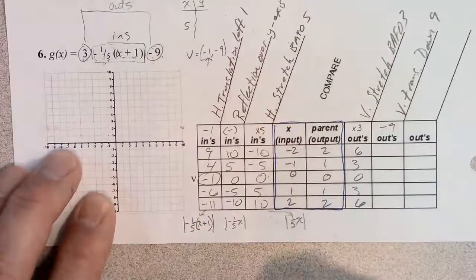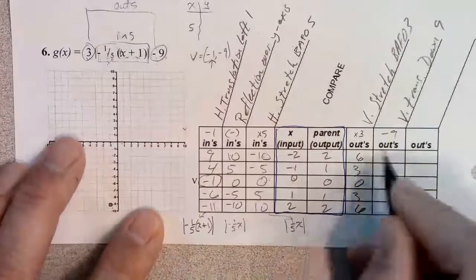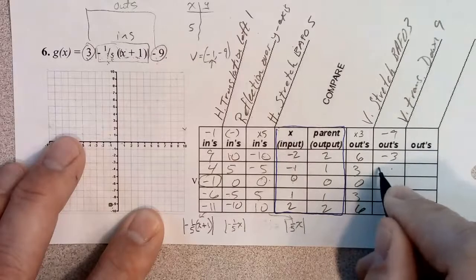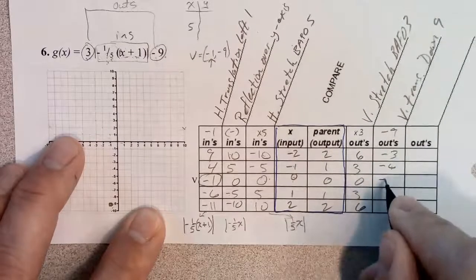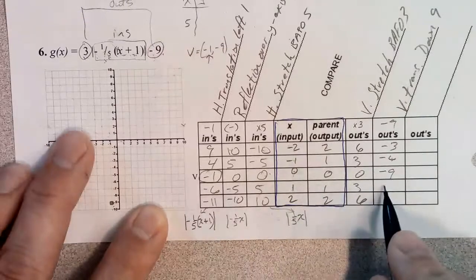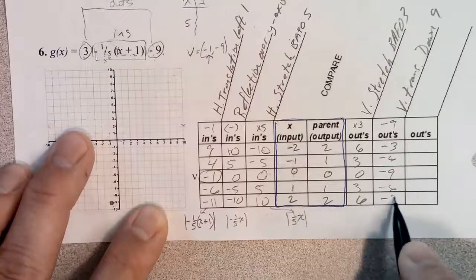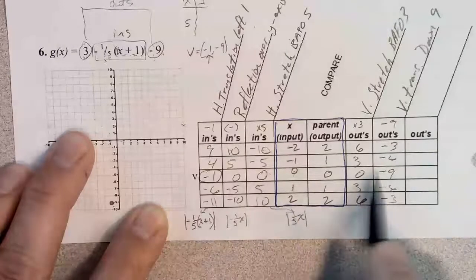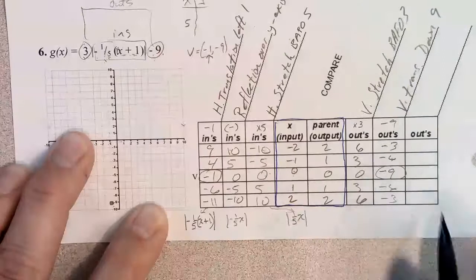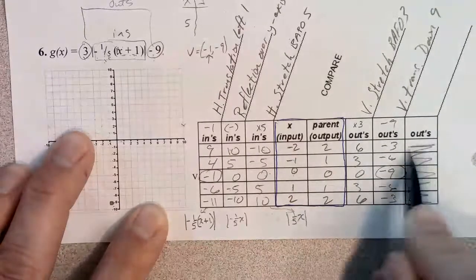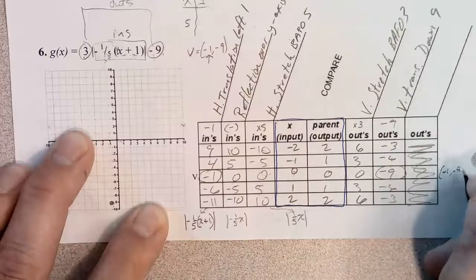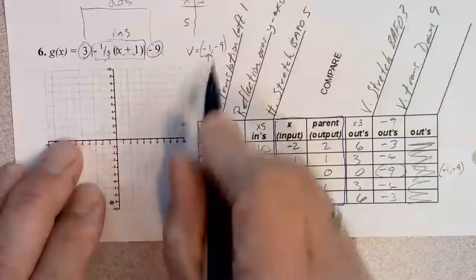What's 6 minus 9? Yeah, -3. This becomes -6, -9, -6, and -3. Hey, notice what our vertex is. The ends of our table, -1, -9. We don't use this, so we cross that out. But our ordered pair, -1, -9, there is our vertex. That's what we thought it would be.